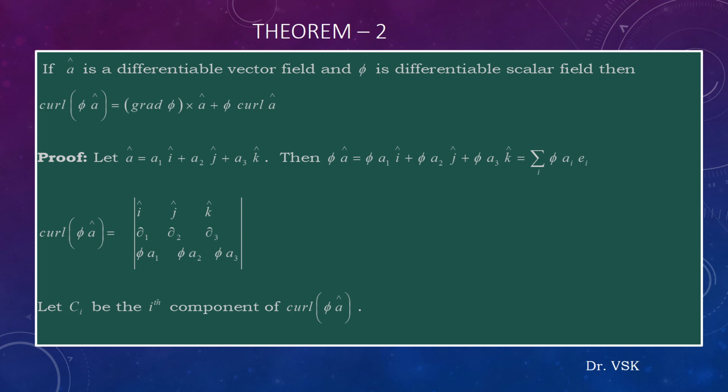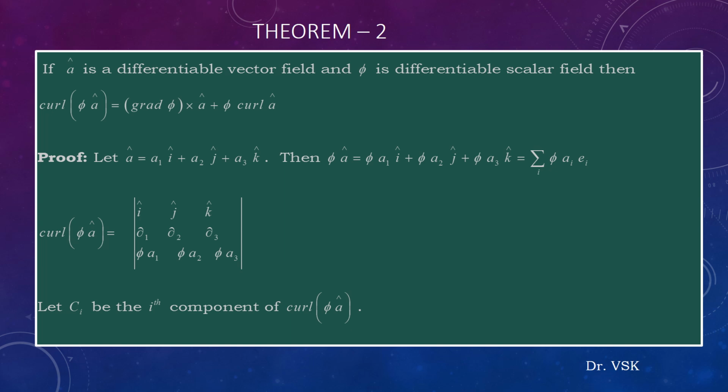So the product phi a cap equals phi a1 e1 plus phi a2 e2 plus phi a3 e3. This can also be written as phi a cap equals sigma over i phi ai ei.